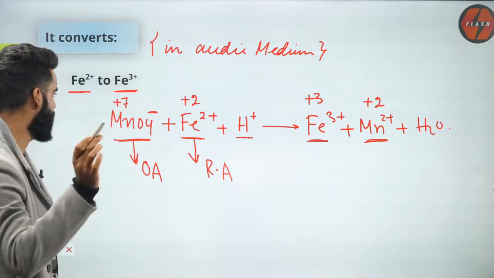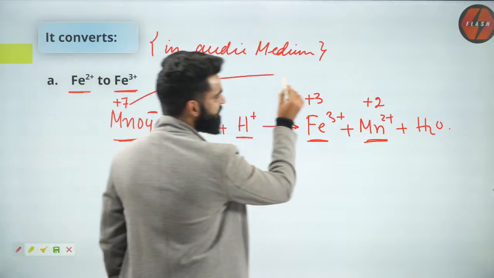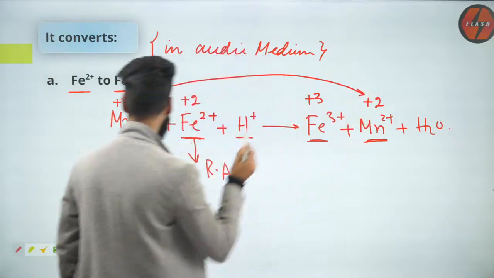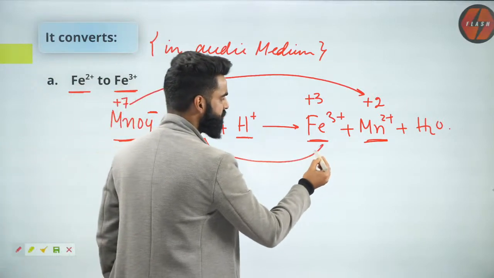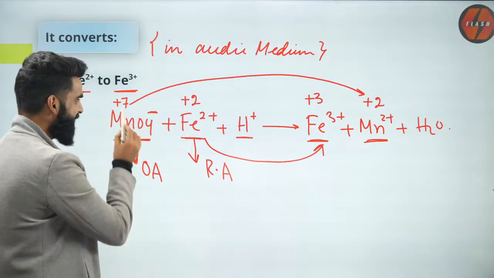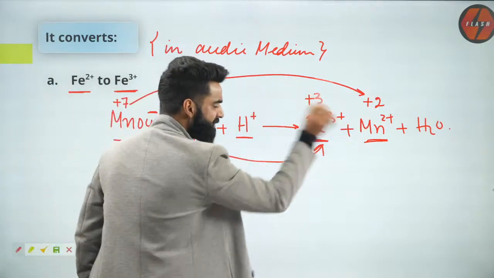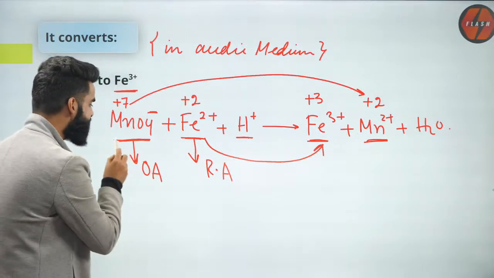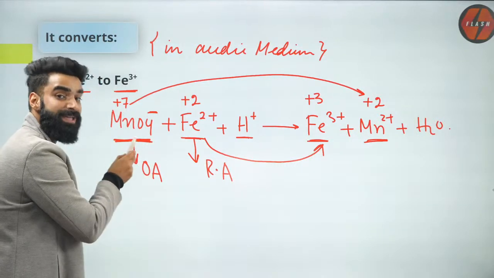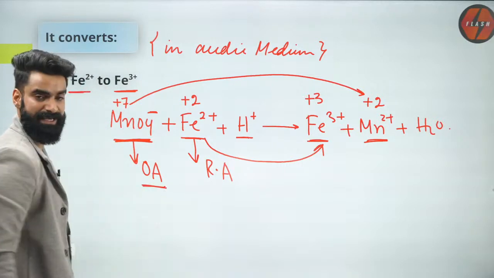Now just have a look. The oxidation state of Mn is changing from +7 to +2. Similarly, the oxidation state of iron is changing from +2 to +3. Can I say the oxidation state of Mn is decreasing? Decrease in the oxidation state is what we call reduction. So this MnO4⁻ is undergoing reduction, and the substance which undergoes reduction is what we call the oxidizing agent.